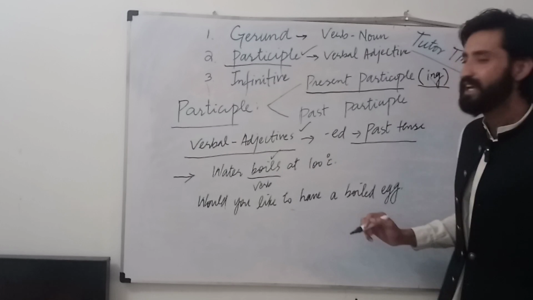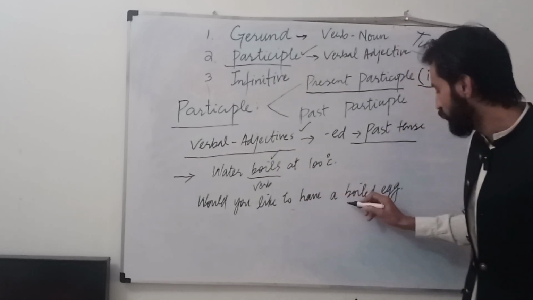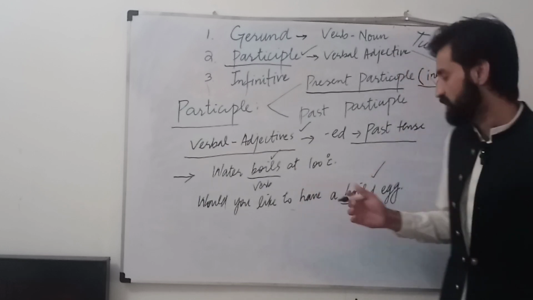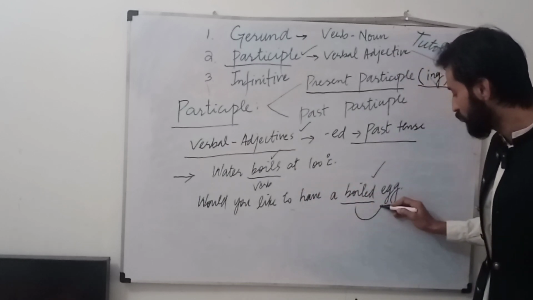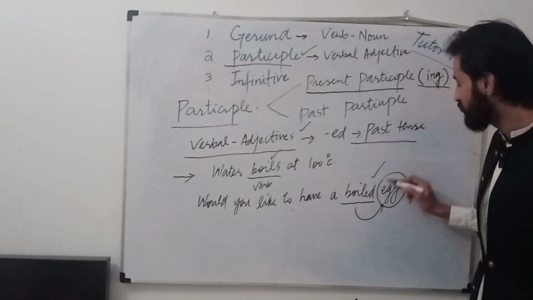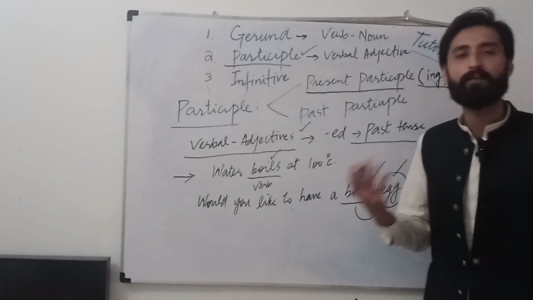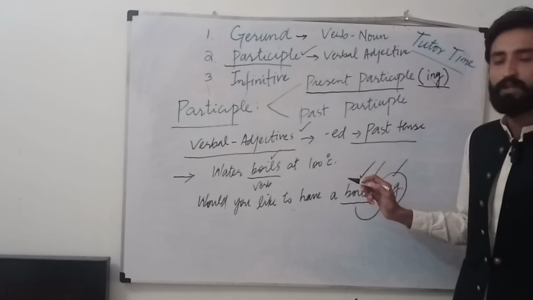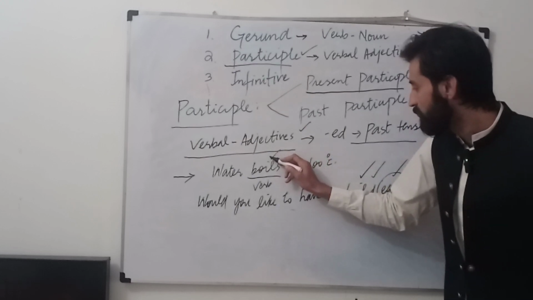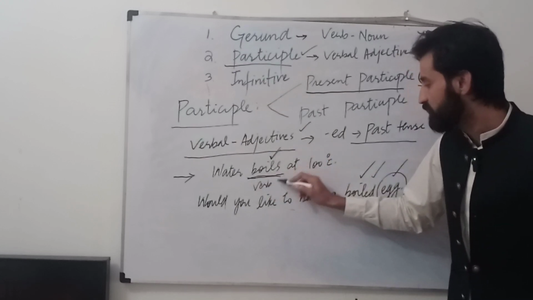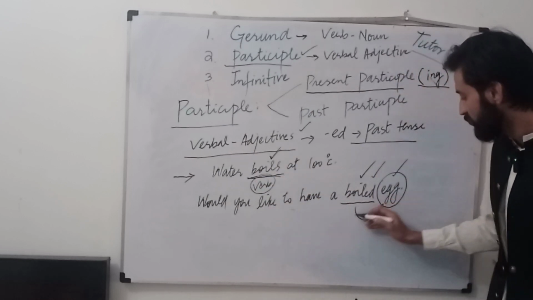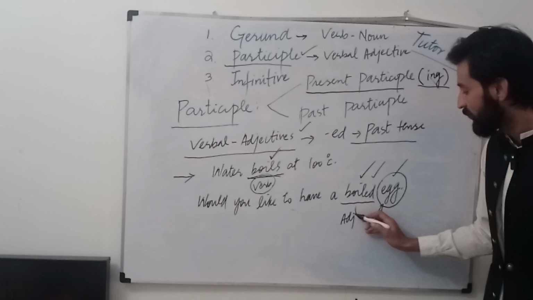Okay, now here in this sentence, if you look at the word boiled, first of all, it is used as an adjective. Why? Because it is modifying and specifying the egg, that is, which type of egg you would like to have, a boiled egg. So here boils is used as a verb, that is the first thing. But in this sentence it is used as an adjective.